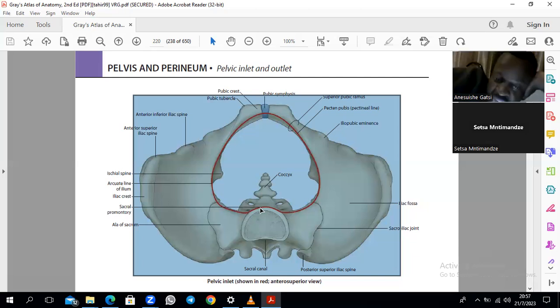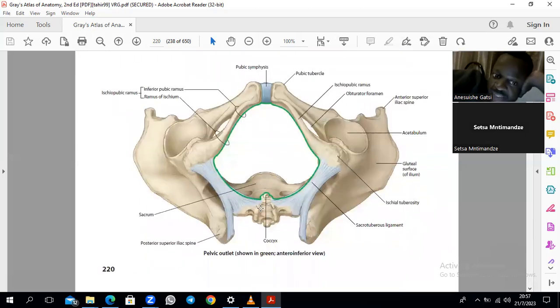On the other hand, this is the pelvic outlet. The pelvic outlet, anteriorly, there is the pubic arc. That gap or angle below the symphysis pubis. That's what anterior. Posterior, there is the coccyx. Right.